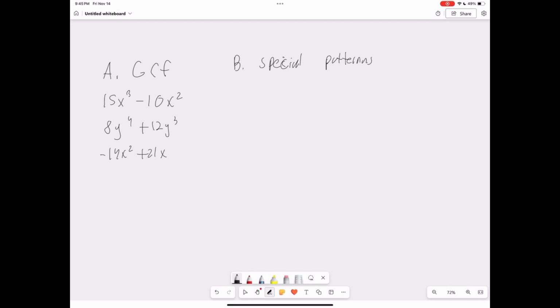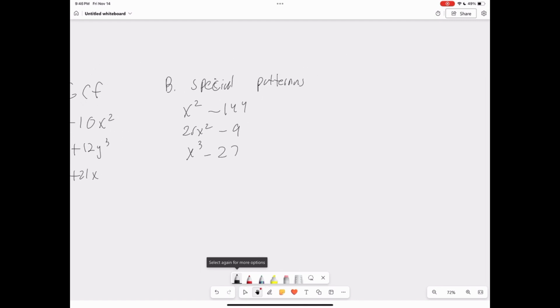So when you do this, post these in the comments if you get them. 5x squared minus 9 and x cubed minus 27. So here's some trinomials.